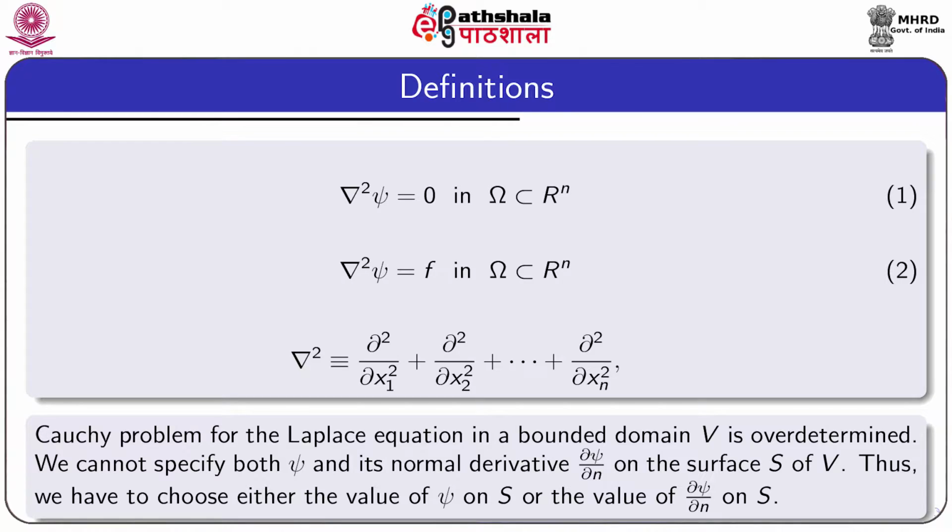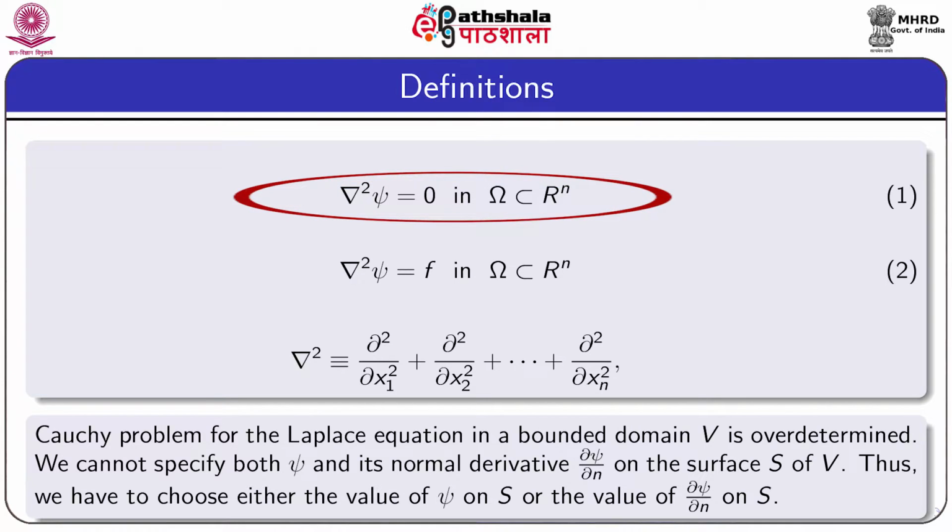Now, I am going to the first slide of module 1. The Laplace equation with n independent variables can be written as grad square psi equals 0, where the domain of the function is the set omega, which is a subset of R^n.